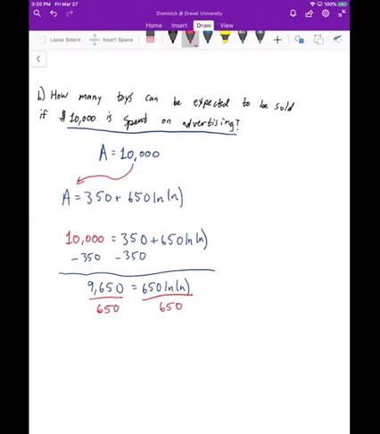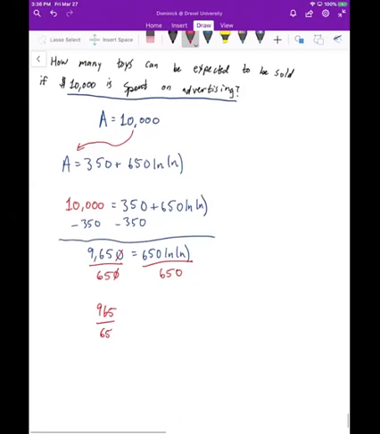If we do 9650 divided by 650, we do get an ugly decimal, so I'm going to leave it for now as 965 over 65. I guess we could reduce that further by dividing each of those by 5. If we do that, we'll get 193 over, let's see, 65 divided by 5 should be 13. And that's equal to ln of n.